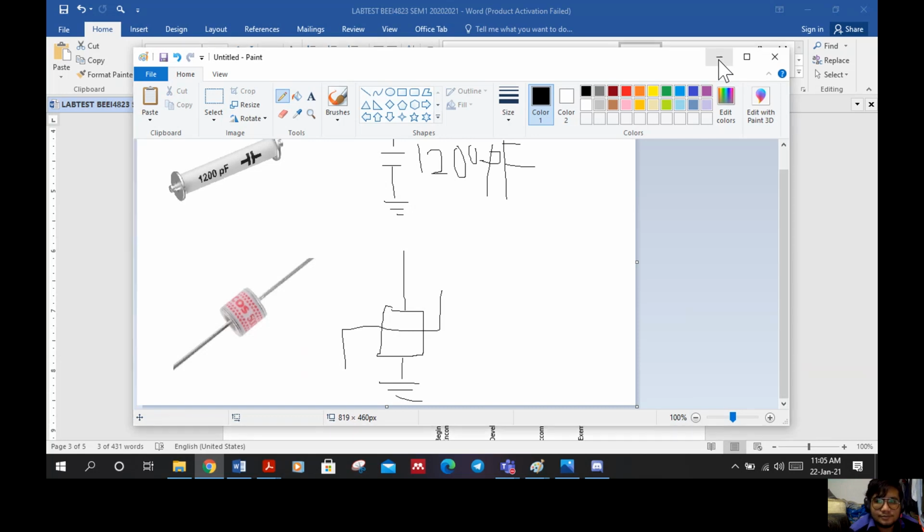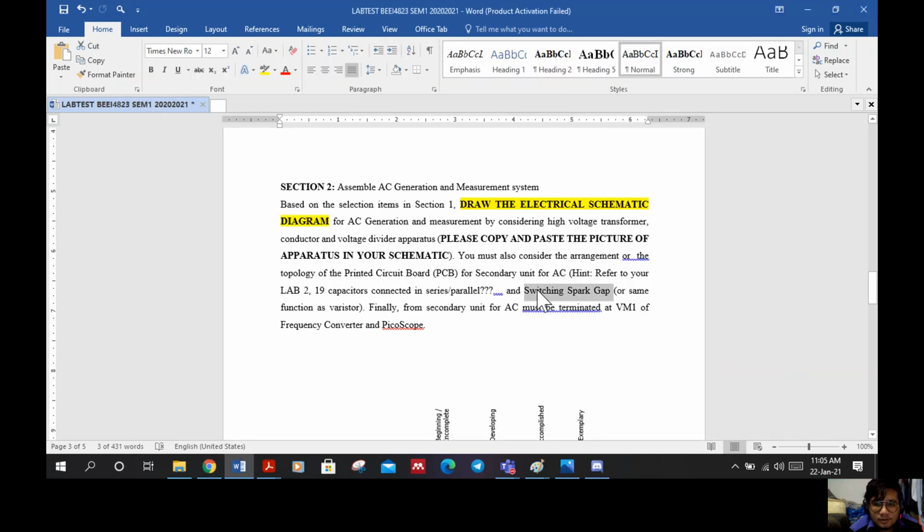Then for the same, there is definitely the secondary unit for the AC. Secondary unit of the AC.